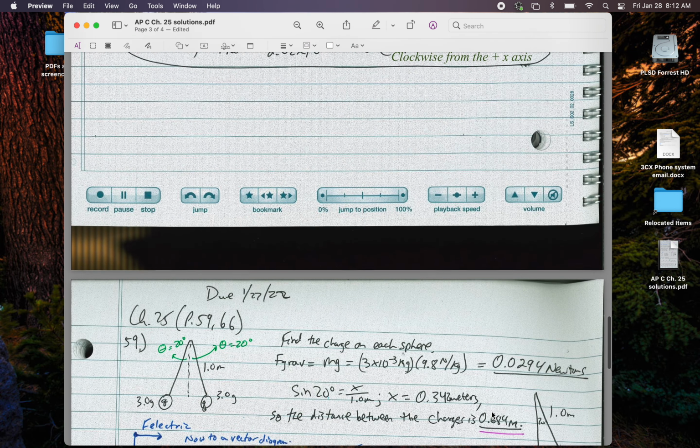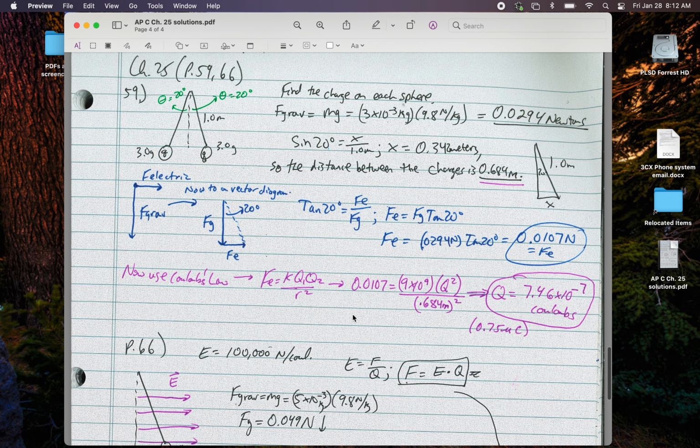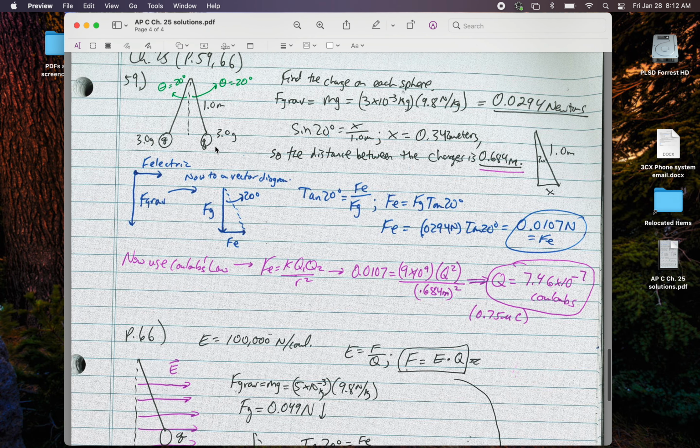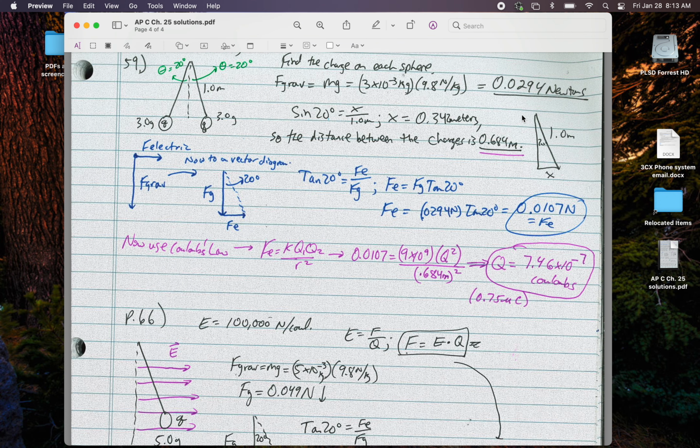Okay. The last two problems, this is very similar to the last part of the sticky tape lab we did. So we've got gravitational force and electric force acting repel. The electric force is repulsive. I can figure out the ratio of those forces with the angle. I know the gravitational force because that's easy to calculate.